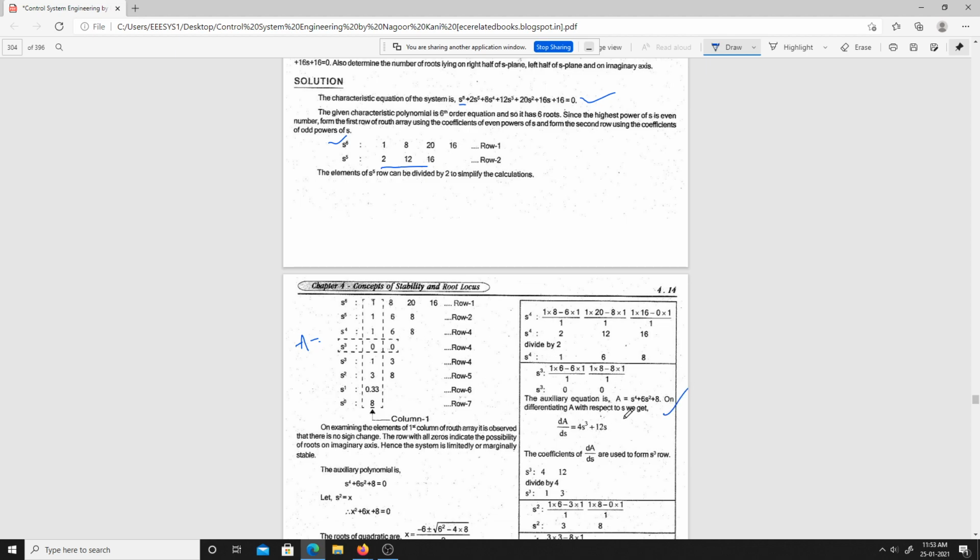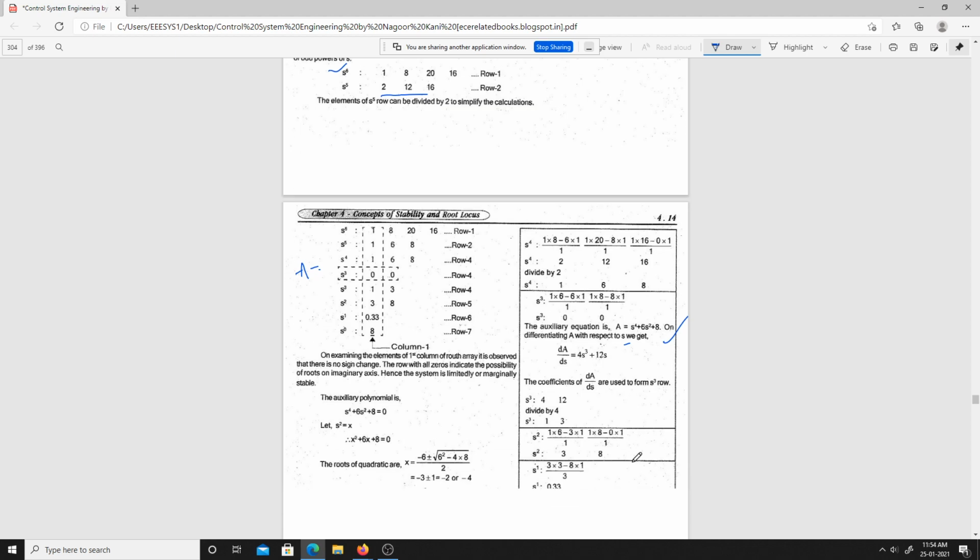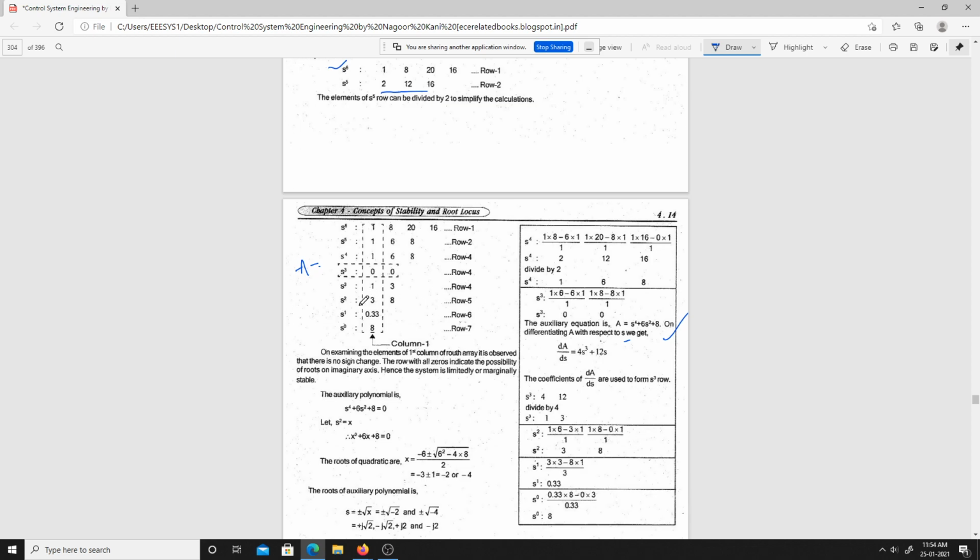Now I'm going to find the differentiation of this auxiliary equation with respect to s. So dA by ds is nothing but 4s cube plus 12s. The coefficients of dA by ds are used to form the s cube row.